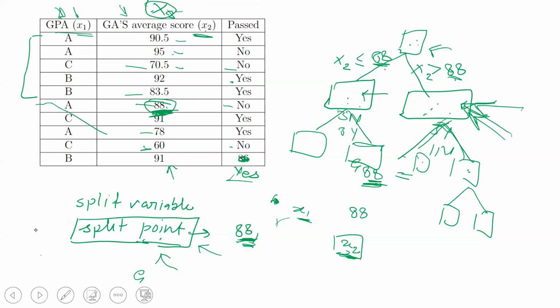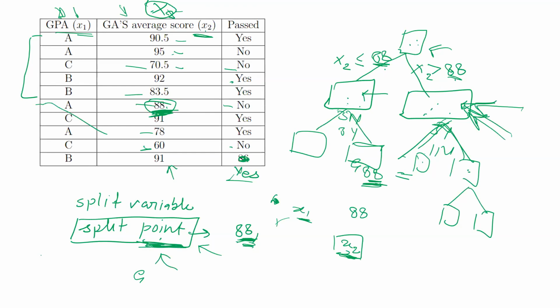Okay, so this is all about the classification tree. You should be able to build a classification tree given the features. Sir, for finding the overall gain index for this x2 feature, we will have to find the weighted gain index of each and every value, right? For 90.5, 95, for every possible value, because you have to find the split point as well.